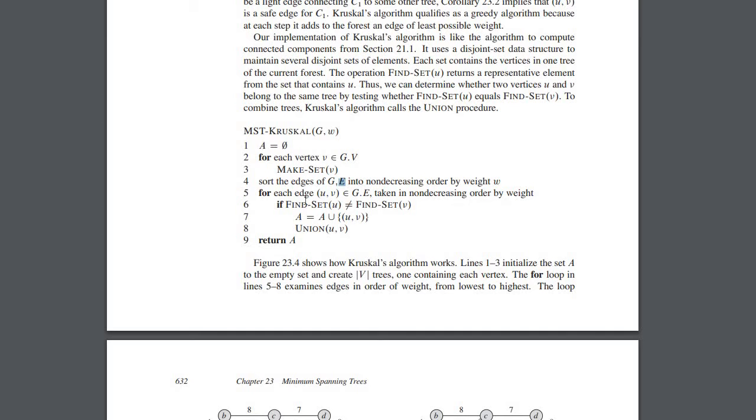So for each edge, what is an edge? An edge is a transition which joins two nodes or two vertices.